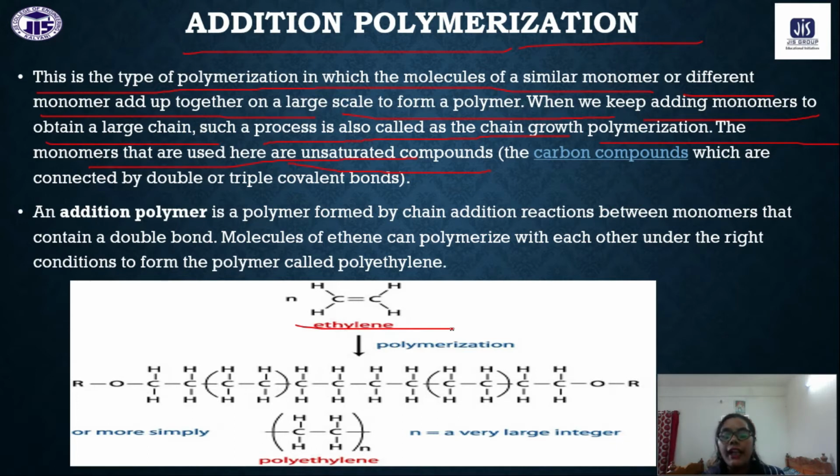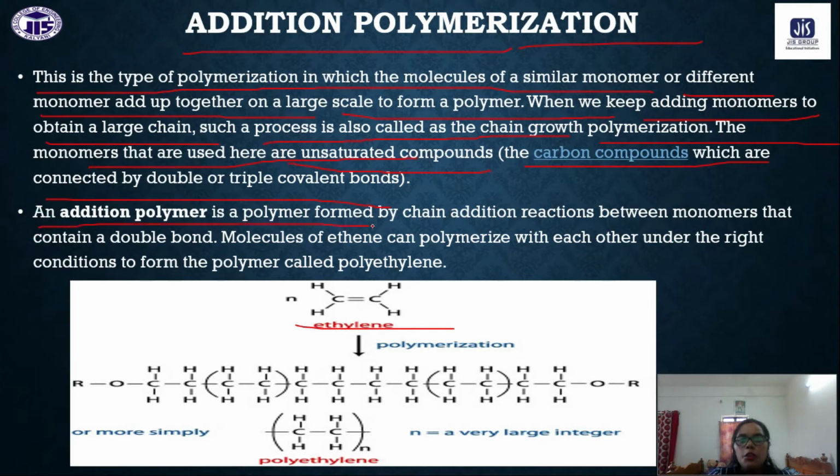For this polymerization reaction, all the monomers should have an unsaturated bond, carbon compounds connected by a double or triple covalent bond. So in our monomer moiety, obviously there should be a double bond or a triple bond.